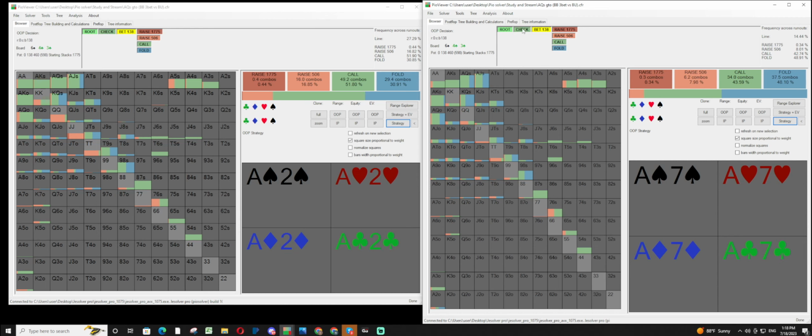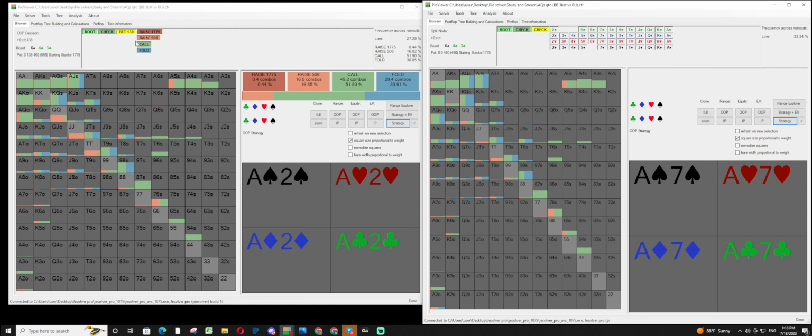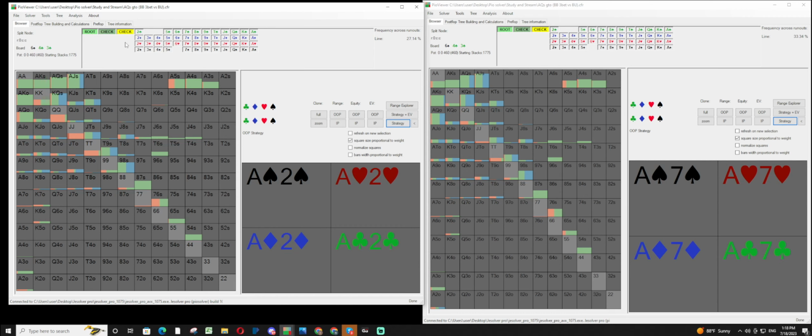That's the first exploit. But there is one other exploit you can apply, which doesn't have to do with the stab, but with the check line. If you remember from the previous video, when you have a guy who is overstabbing, there is a big exploit to be made when the line goes check back. Because when a guy is overstabbing and the line goes check back, then his range is very weak, much weaker than the GTO, and you can delay c-bet for range.